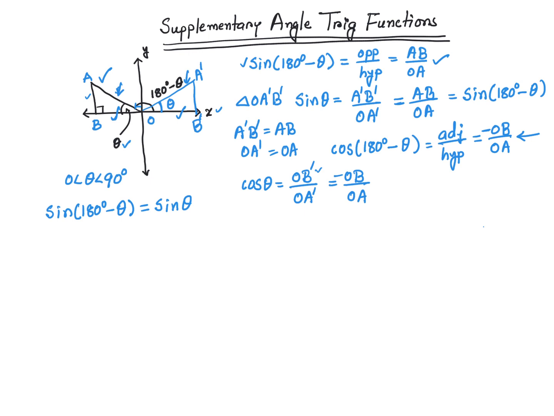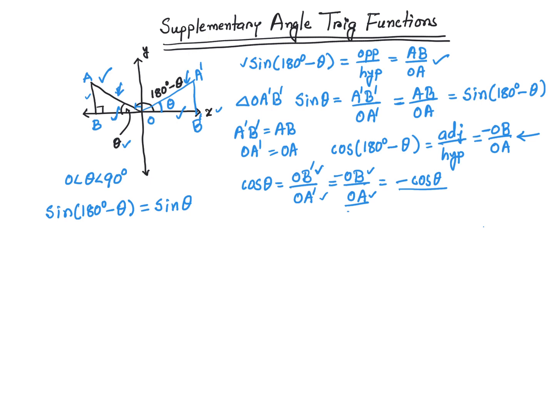OB is negative because, remember, at the beginning of the video I told you that on the left hand side along the x-axis it's negative. So that's going to give me negative cosine of theta, because OB prime is equal to OB and OA is the same as OA prime, so this is just negative cosine of theta.